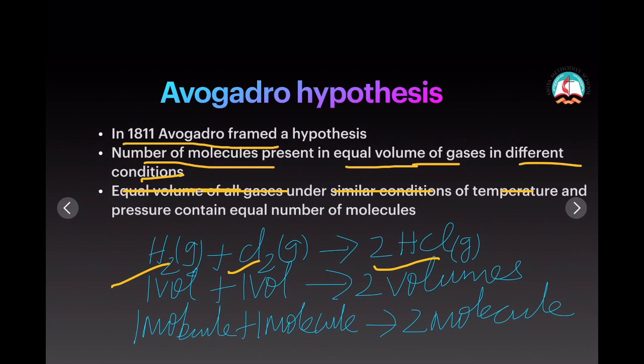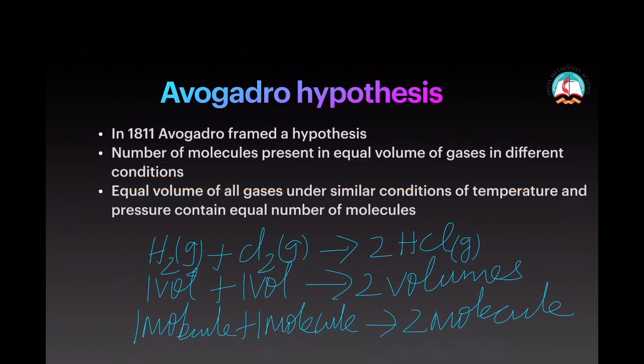So 1 molecule of hydrogen combines with 1 molecule of chlorine and gives us 2 molecules of hydrochloric acid. So this is called Avogadro law: equal volume of all gases contains equal number of molecules.